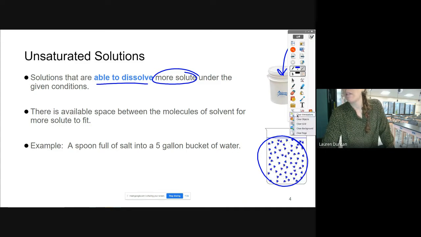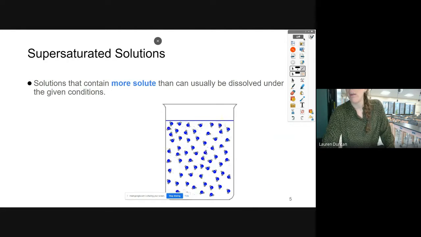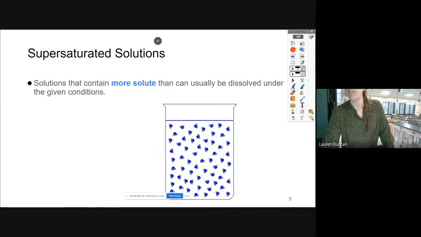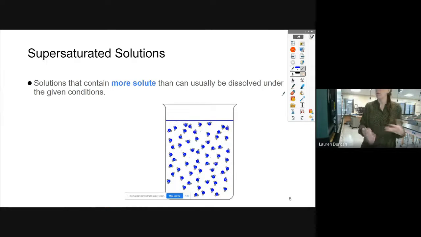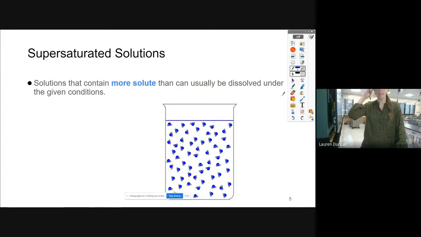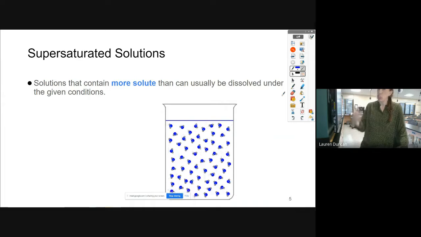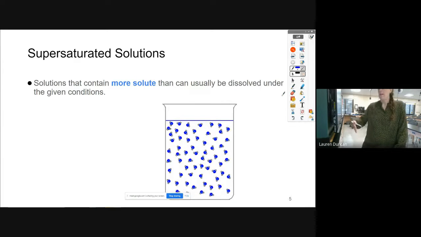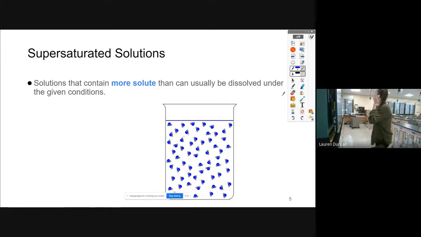A supersaturated solution. These are kind of weird, because there are really 2 ways you can do this. You have somehow dissolved more solute than should be able to fit between your solvent molecules. So these are supersaturated solutions.